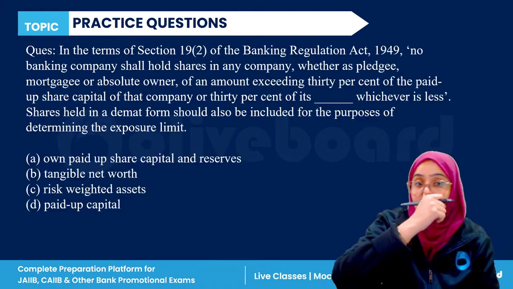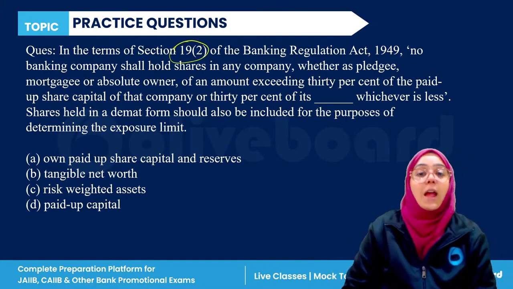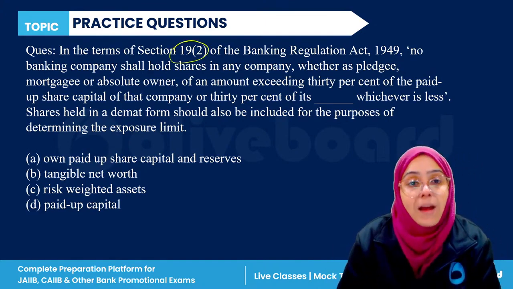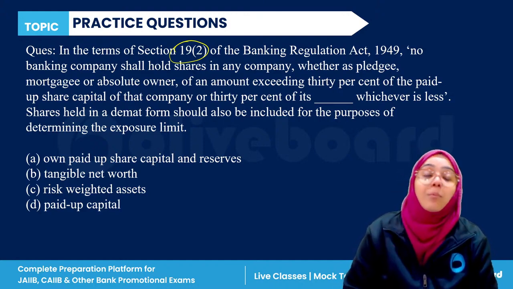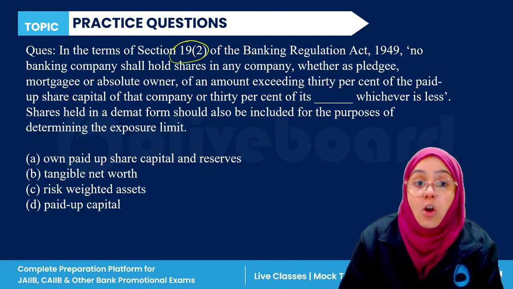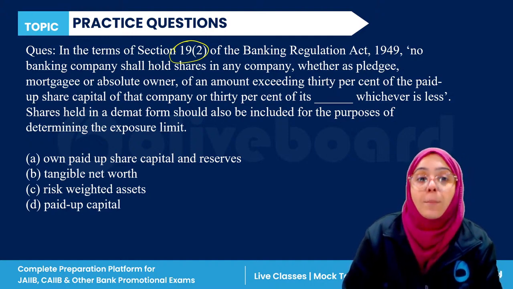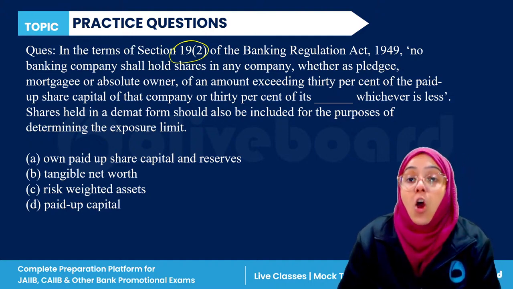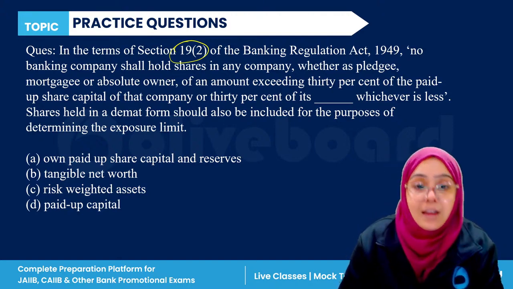True. Next question. In terms of section 19(2) of the Banking Regulation Act, no banking company shall hold shares in any company, whether as pledgee or mortgagee or absolute owner, if the amount exceeds 30% of the paid up capital of that company or 30% of its what, whichever is less.